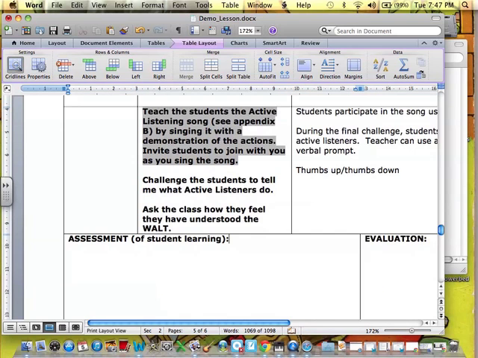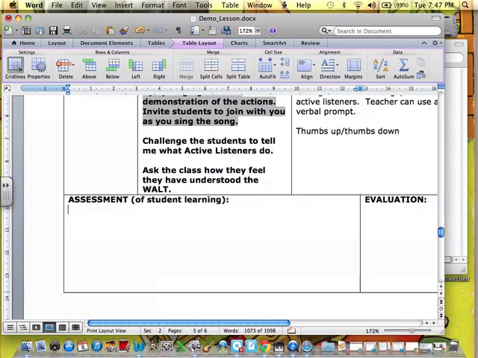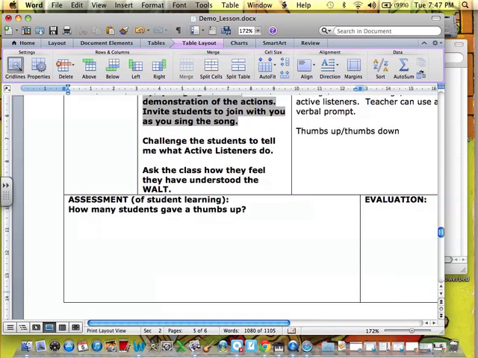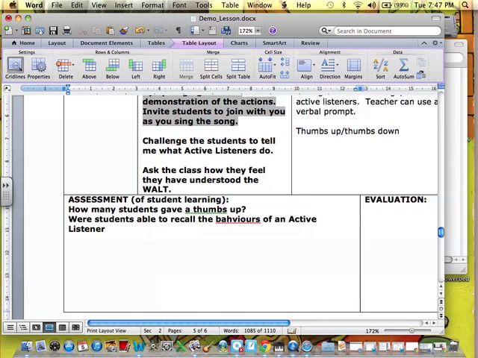Okay, so then over here, assessment of student learning, I can have how many students gave a thumbs up, were students able to recall the behaviours of an active listener, and then reflecting on the checklist.